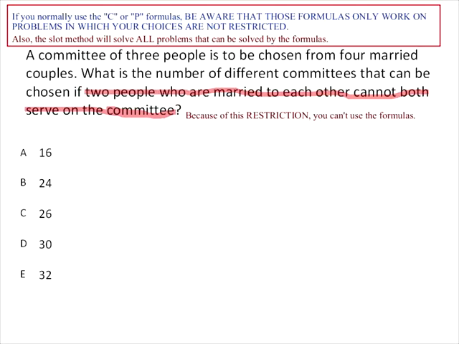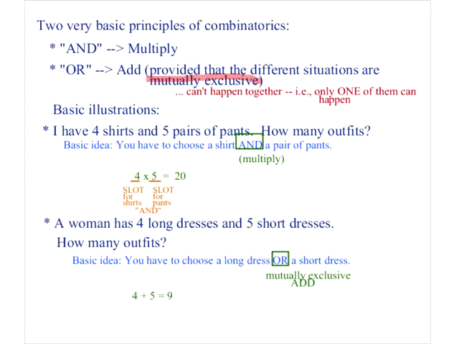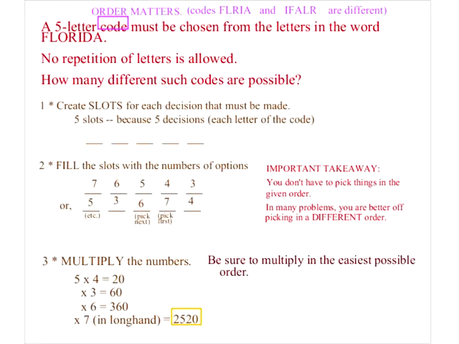Like if we go back to the very first Florida problem, which is this one. If you use a slot method for this problem, it's just 7 times 6 times 5 times 4 times 3. And that's it, and you're done.